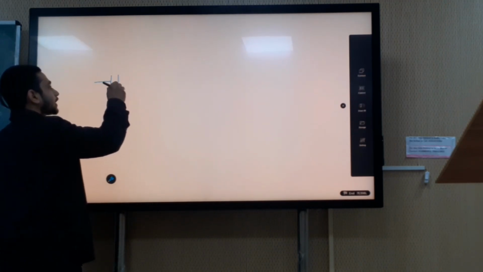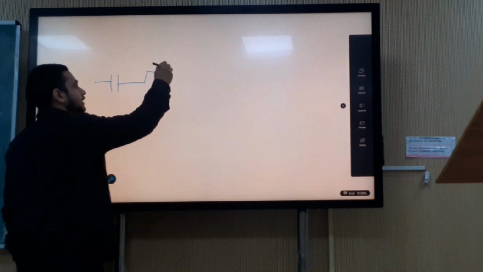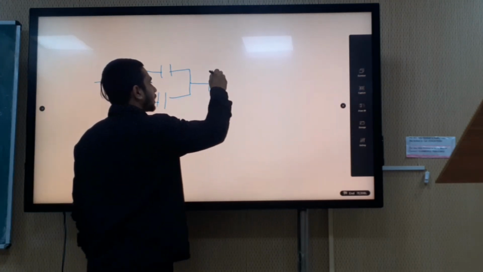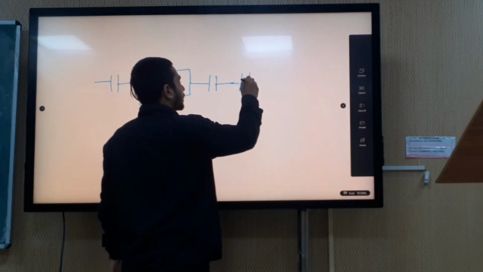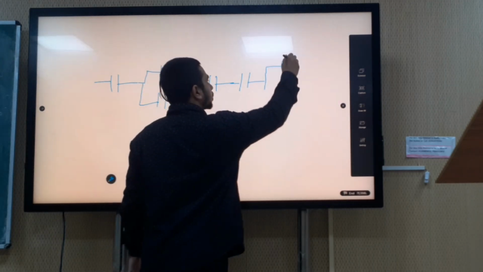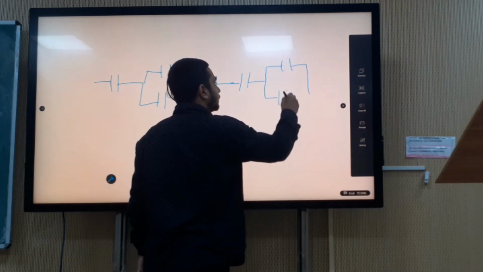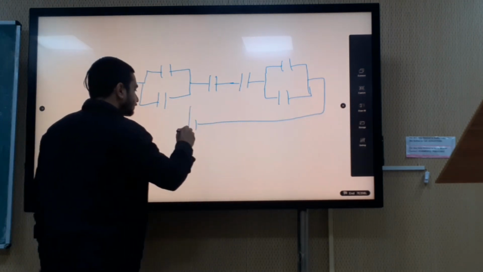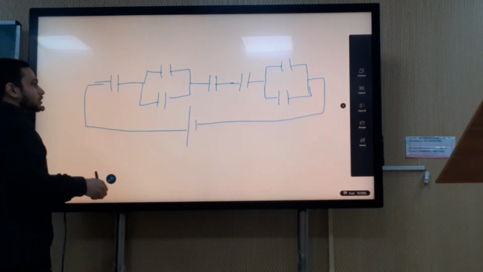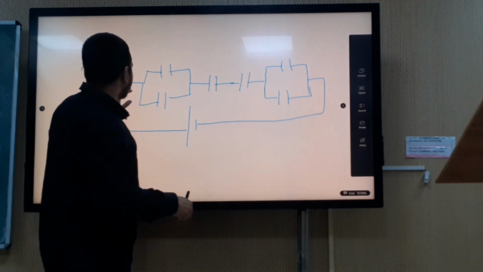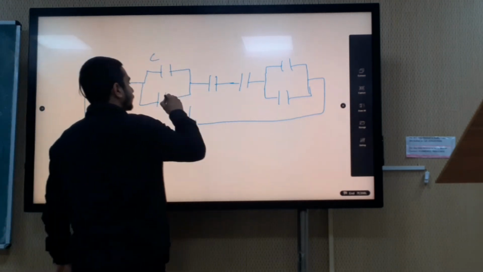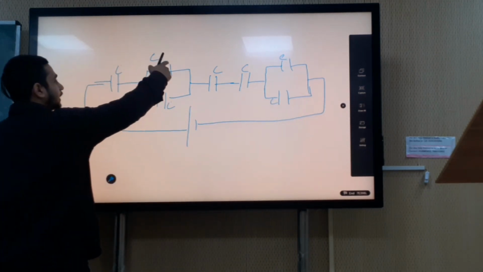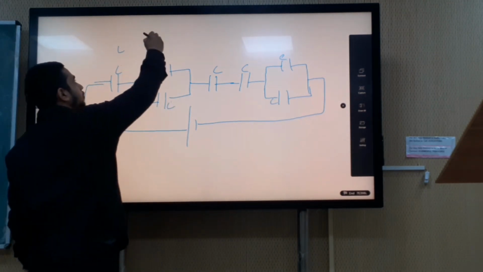Suppose this is a capacitor, and then other capacitors are like this, another, another, and then two more capacitors connected again in parallel. Suppose this is the arrangement, and they are all of C. If they are connected in parallel, this is 2C.